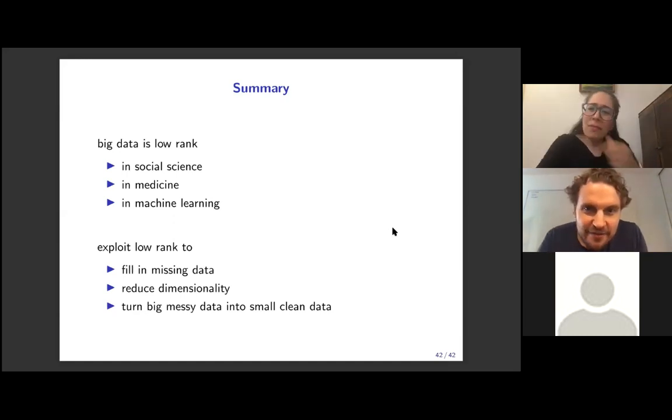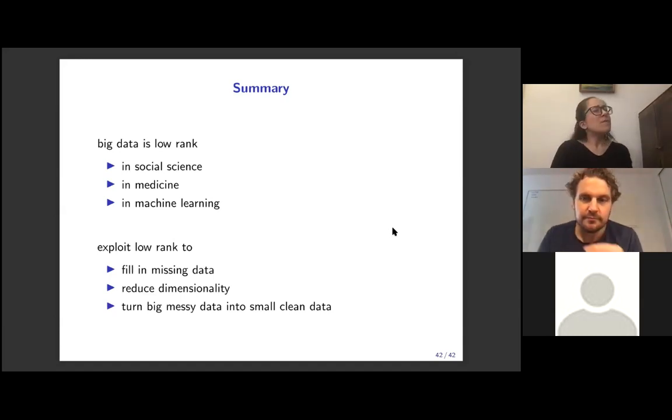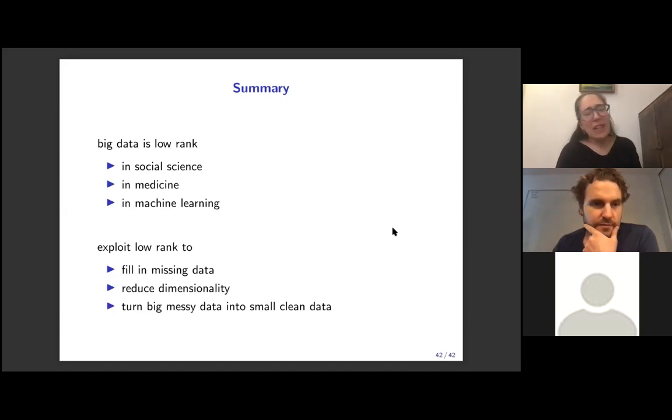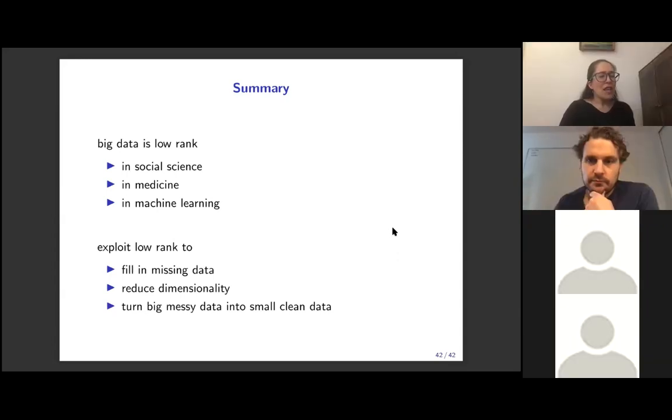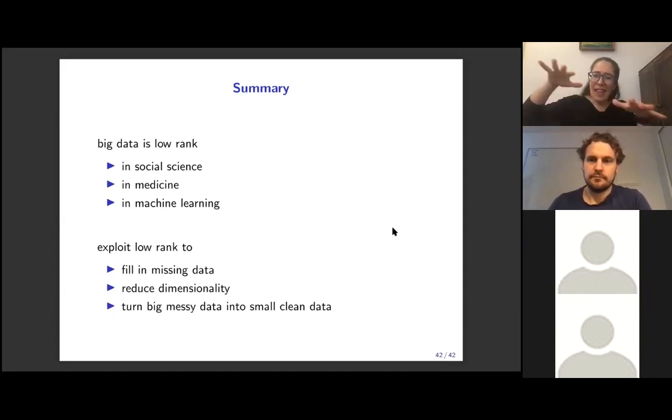Let me talk about completely observed matrices that are real valued, because those are the ones where it's reasonable to talk about the rank of that matrix as the quantity that you might care about. You can ask, what is the shape of the set of low rank matrices, the set of matrices of rank less than or equal to k?